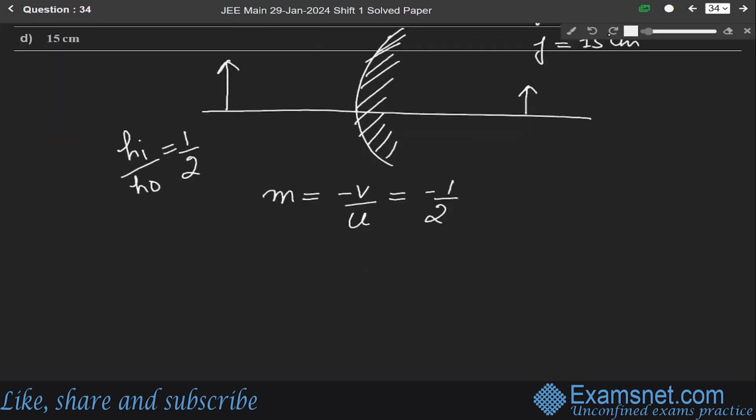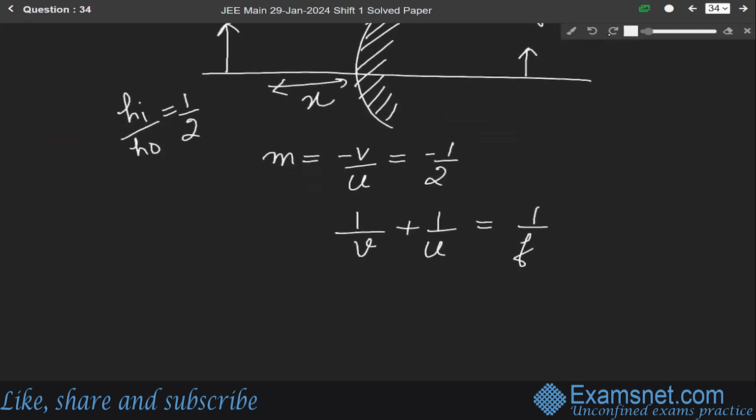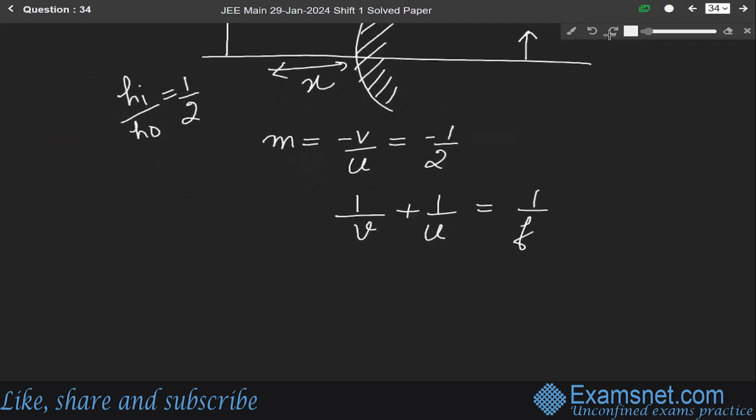Now for a mirror, 1 over v plus 1 over u equals 1 over f. Now let us say this is x, meaning the distance of image is x. If the distance of image is x, then the distance of object will be 2x.